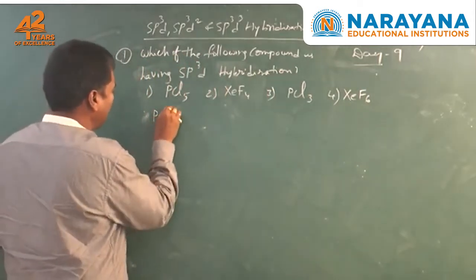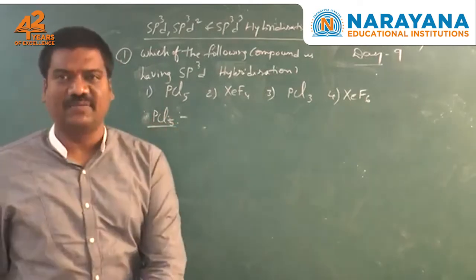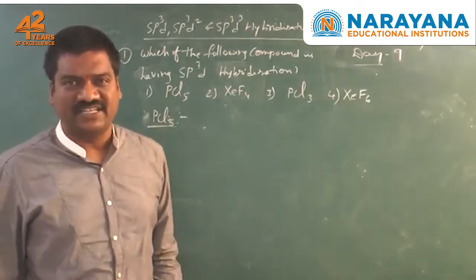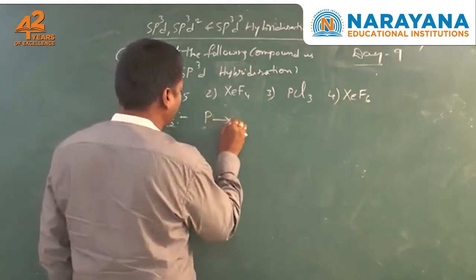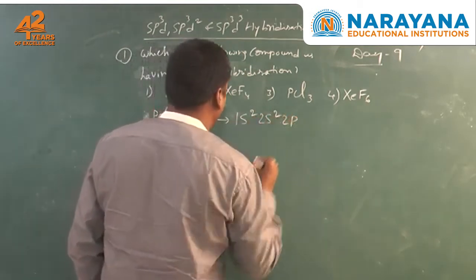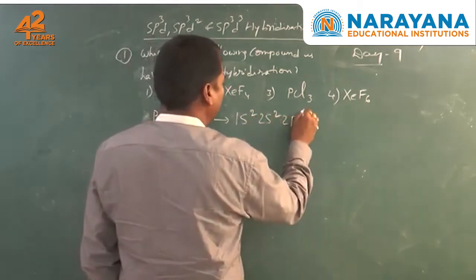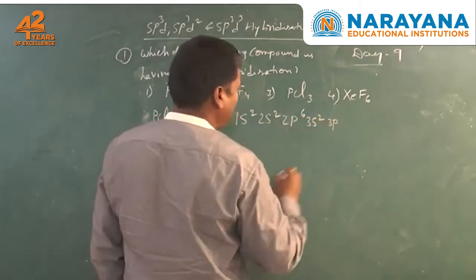Now come to the PCl5 molecule. What is the central atom here? The phosphorus atom. Phosphorus is attached to how many chlorine atoms? 5 chlorine atoms. Now come to the electronic configuration of phosphorus: it is 1s2, 2s2, 2p6, 3s2, 3p3.